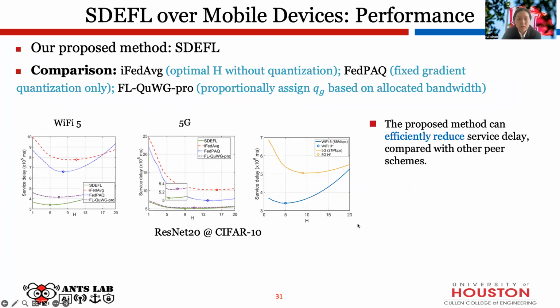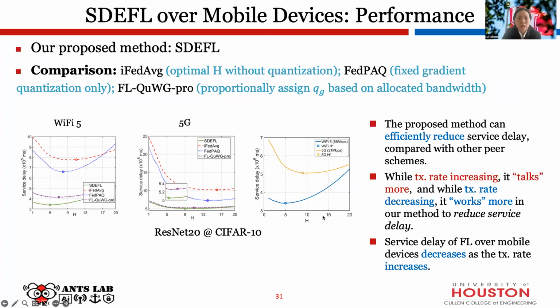And according to the results of ResNet 20 on the CIFAR 10 dataset, we found out that our proposed method can efficiently reduce the service delay compared with all the baselines. And furthermore, when the transmission rate is high, our scheme tends to select a small value of H to reduce the service delay.